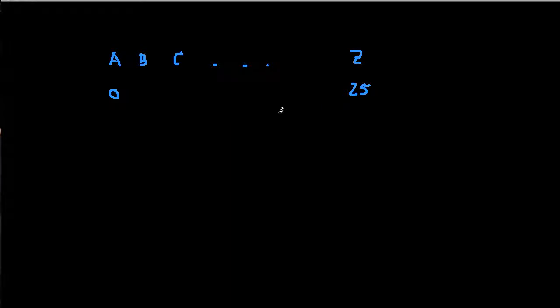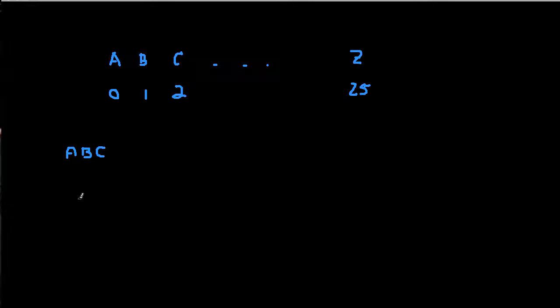Now with Caesar cipher, what I want to do is look at, if I have a message, let's say the message is A, B, C. What Caesar cipher does is it looks at the number corresponding to each letter, and it adds 3 to that number and gives me the letter that corresponds to the new number.